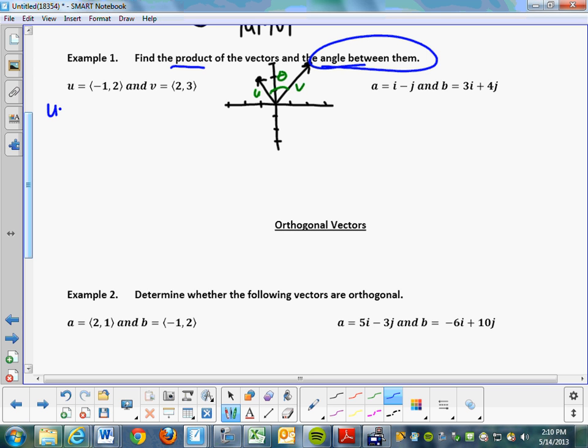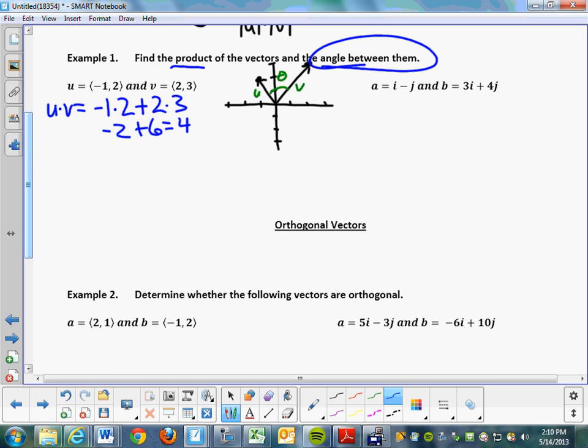So we've got U times V is equal to, all I do is I multiply the x values. So I get -1 times 2, and then I add the product of the y values, 2 times 3. So I have -2 plus 6 is 4. Easy peasy?